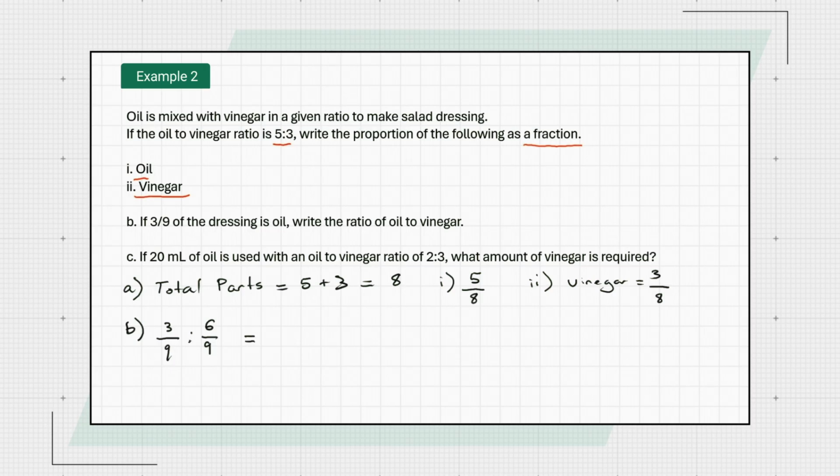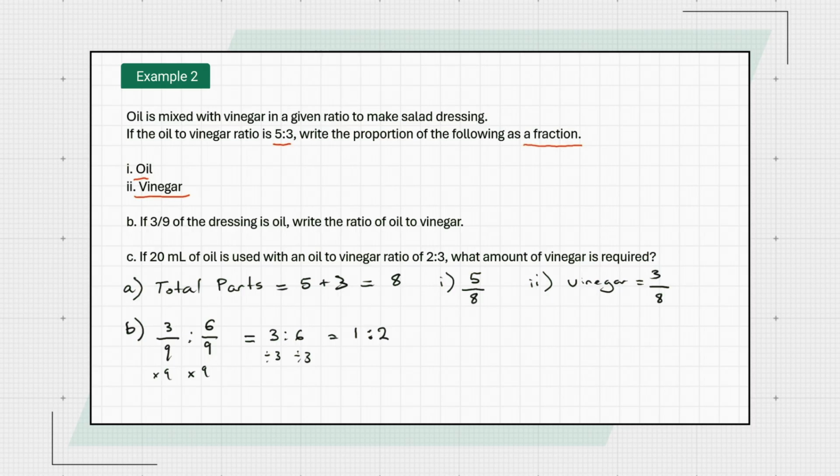And to simplify this, I can multiply both sides by 9 and I can get 3 to 6. And if I notice that there is a way to simplify this further, I can divide both sides by 3 and I can get 1 to 2 as our final ratio.